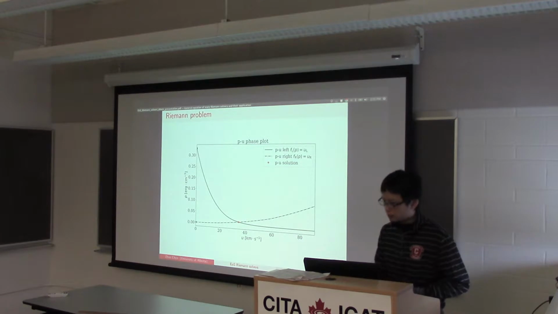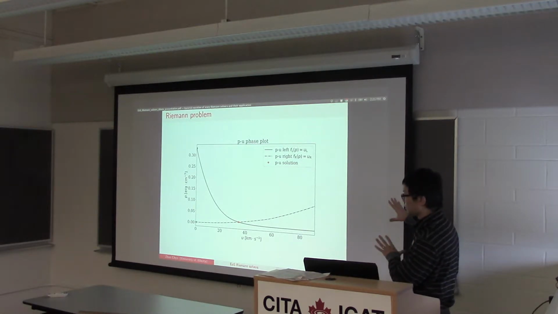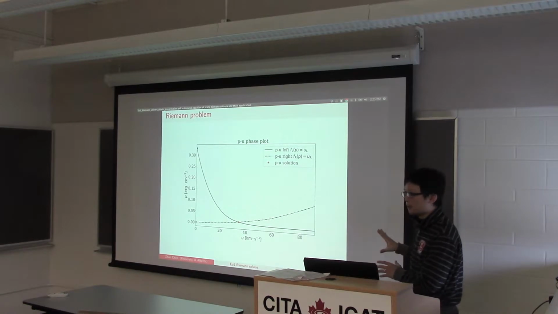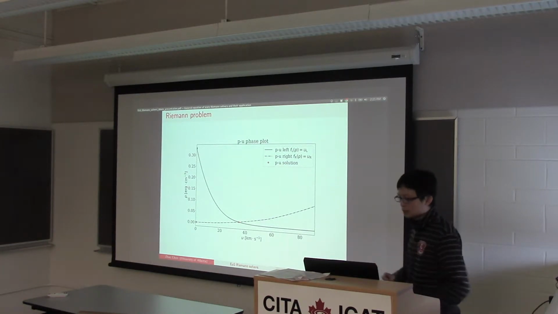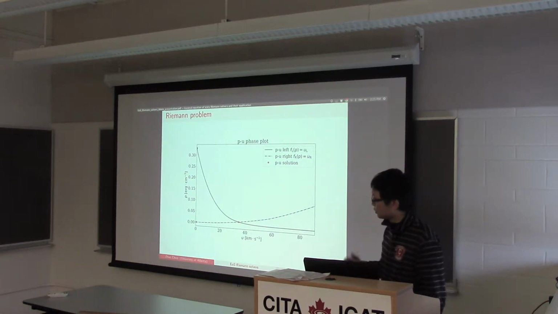But as you see in the Rankine-Hugoniot relation and also the nonlinear wave, you need to solve the relation of epsilon, the internal energy, pressure, and density, also the sound speed. That means you need to solve the equation of state when solving the Euler equations. So that means you need to interpolate.